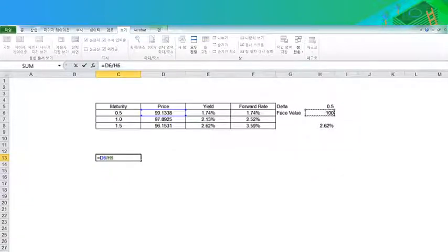This one, and then we put log, and then we can divide this one by 1 over, so it is 0.5, this one, and then we put minus.